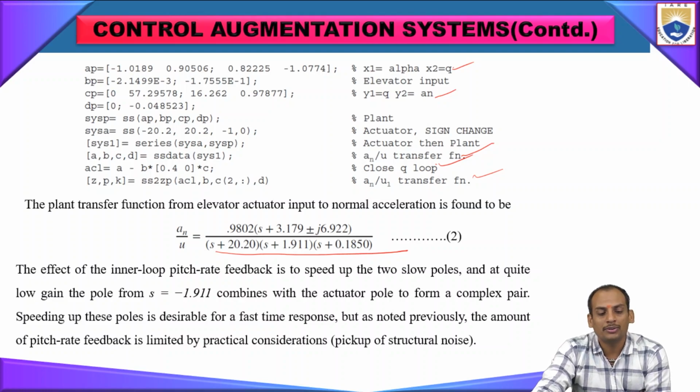The effect of inner loop pitch rate feedback is to speed up the two slow poles, and when the gain is very low, at s equal to minus 1.9191, it combines with the actuator pole to form a complex pair.